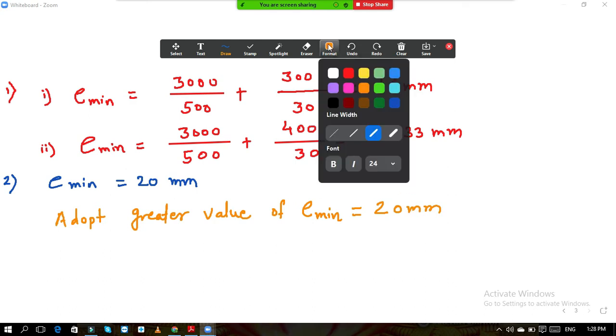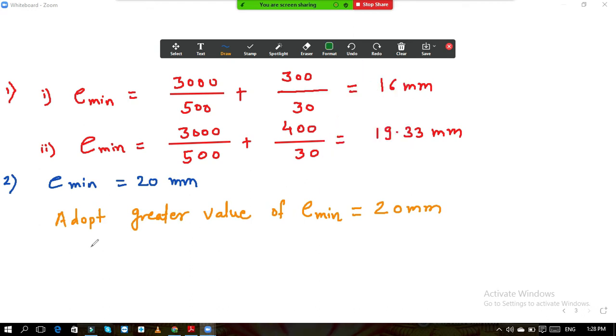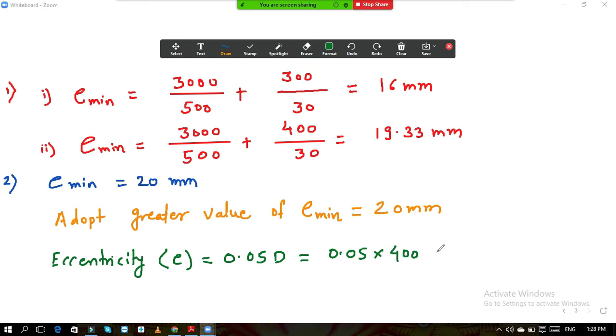After this, calculate the actual eccentricity E. How do we calculate the eccentricity? It is 0.05 into D, so 0.05 into 400.